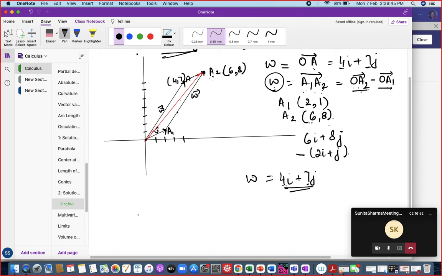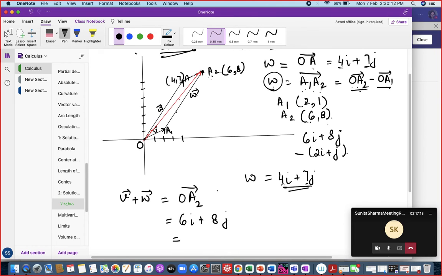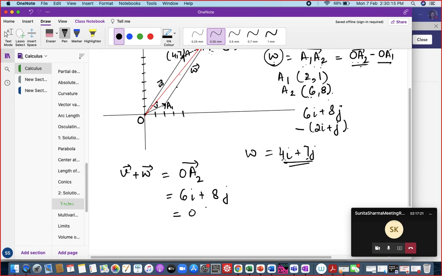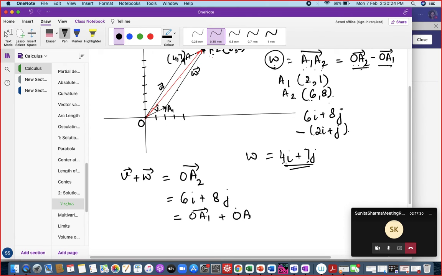So in terms of vectors, the vector V plus W will be represented by the vector OA2, and the components are 6i plus 8j. So you can see it is nothing but the sum of the components of V and W. If you add the first components, you get 6i. Adding the second components, you get 8j. So this is how you find the sum.